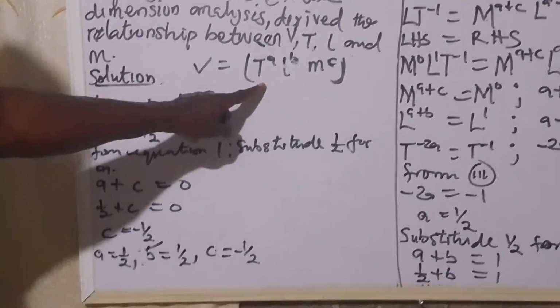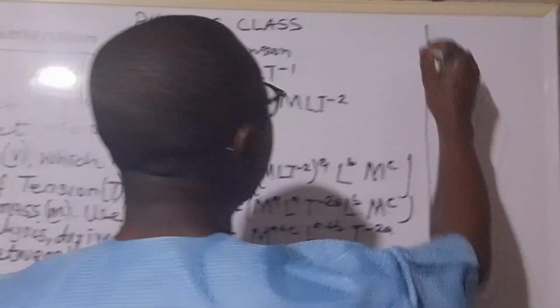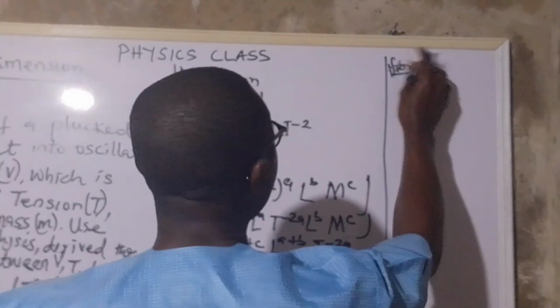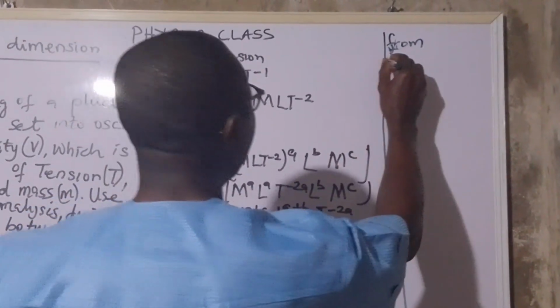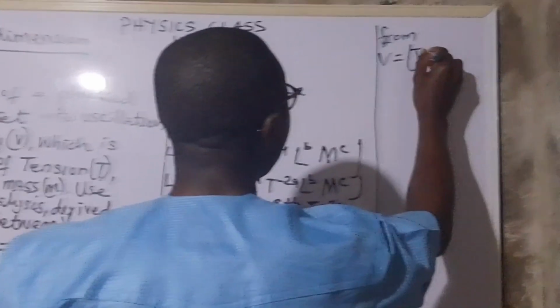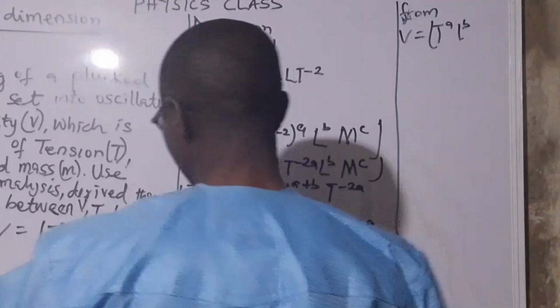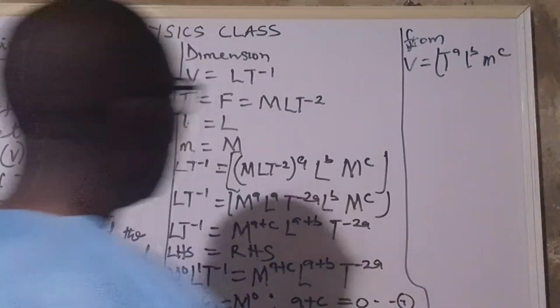Now from this point, that is V, V is equal to T raised to power A for tension, L raised to power B for length, and M raised to power C. Let's put the value of A, B, C now.